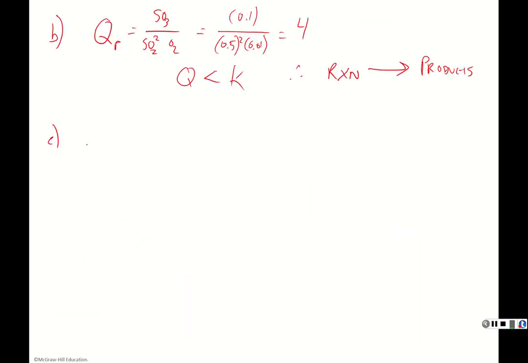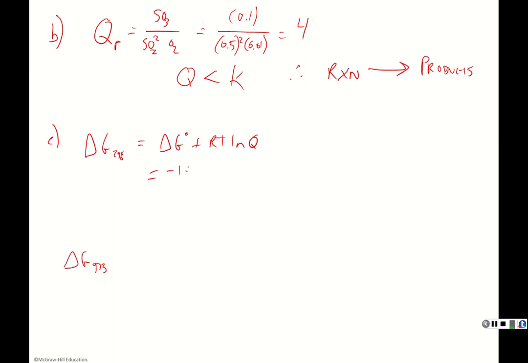So delta G at 298, and delta G at 973. Remember, we have delta G naught plus RT ln of Q. We can just plug all of these values in.